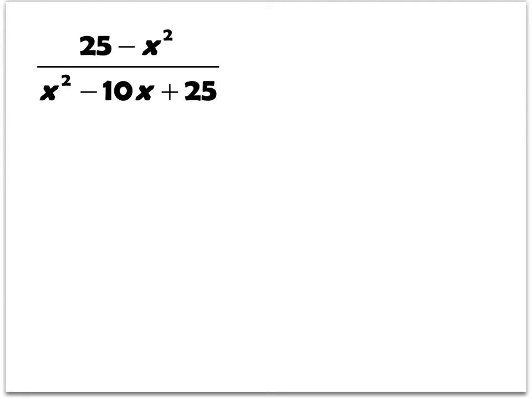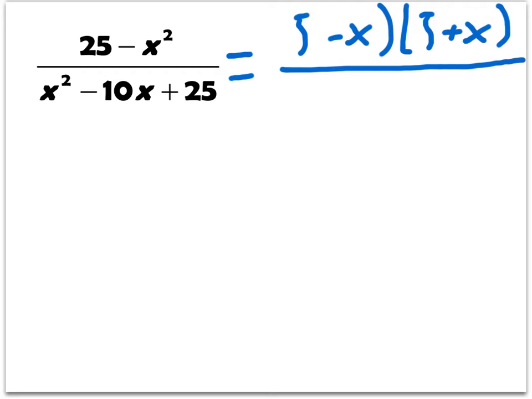Here's another example of simplifying a rational expression. And so let's apply this technique of factoring both the numerator and the denominator and trying to cancel factors. Well, the numerator, notice that's a difference of squares. 25 is 5 squared. So let's write this as 5 minus x times 5 plus x.